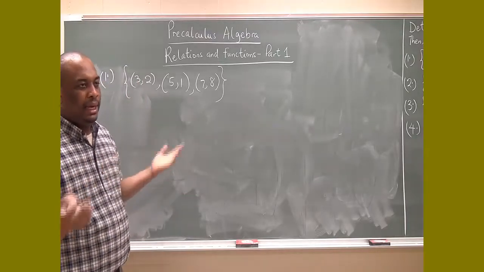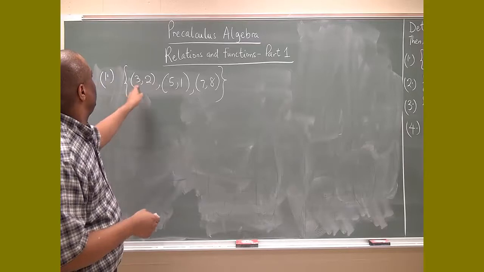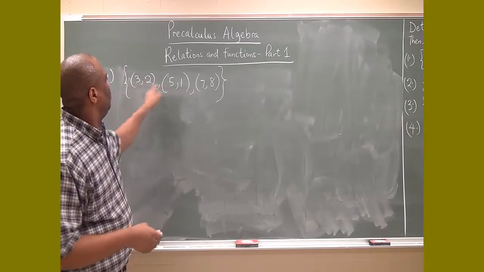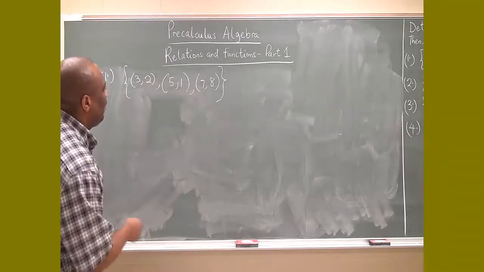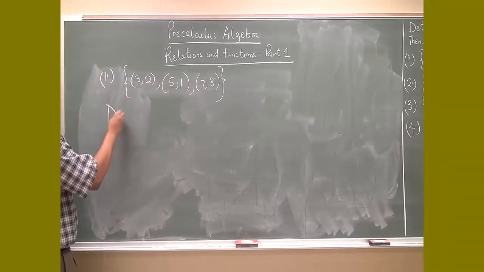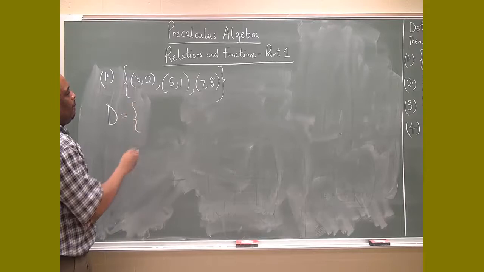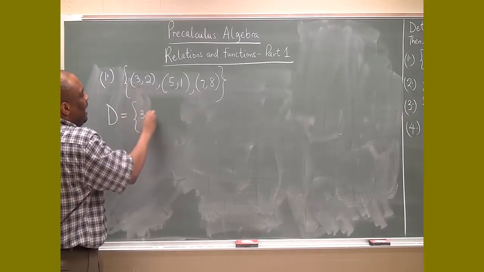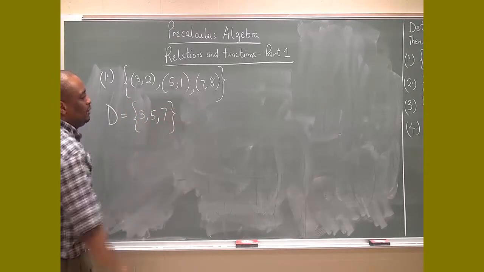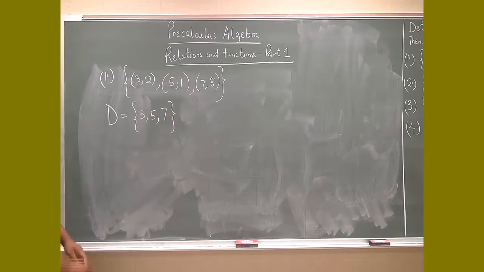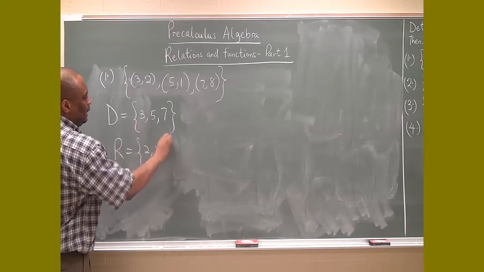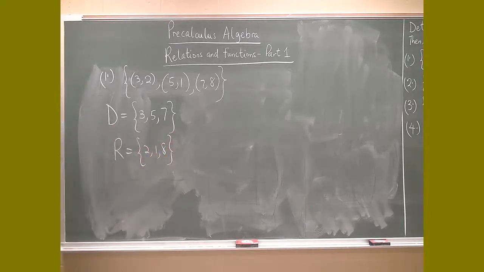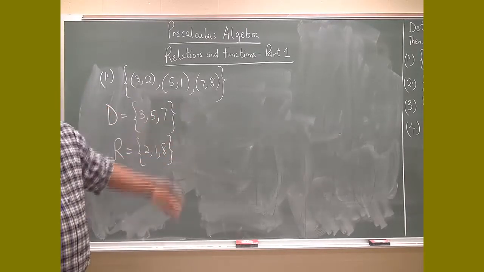Looking at it, you see that no first component or no input repeats itself. Right? So the domain, let the domain be D, domain will be the set of 3, 5, 7, because they told us to determine the domain and the range. And then the range will be the set of 2, 1, 8. Yeah. You can do it this way by looking at it.